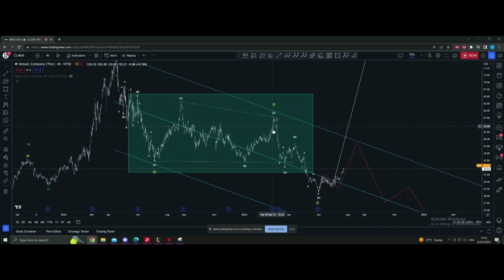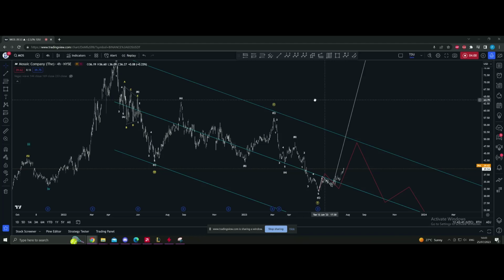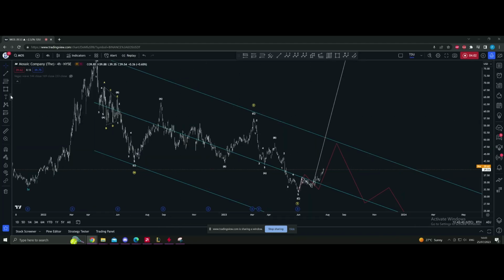But since I have a clean impulse here, I'm gonna neglect the fact that this is a triangle. The best fit for me would be that this is a flat pattern, even though the shape is not necessarily fitting what a flat should be. Like, it should be a 3, 3, and 5.